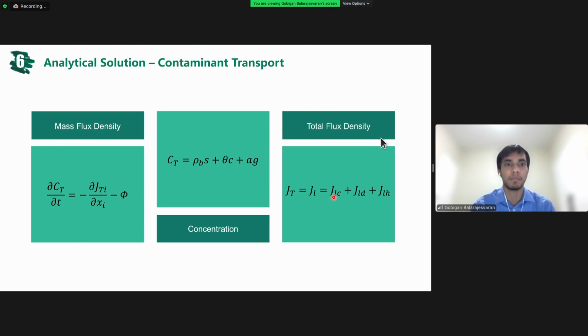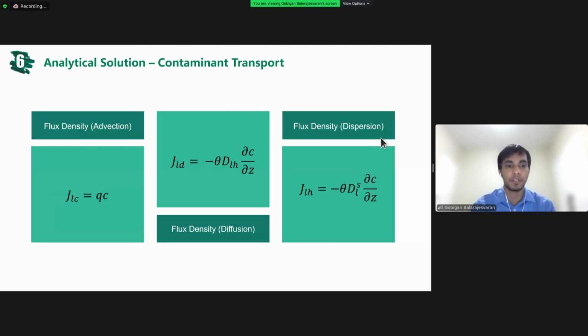where we have the advection, dispersion, and diffusion processes. So we look more into the flux density, and over here for the flux density of advection, this is the equation where q is the volumetric flux density, and C is the concentration of the solute in the liquid phase. For diffusion and dispersion, theta is the volumetric water content.